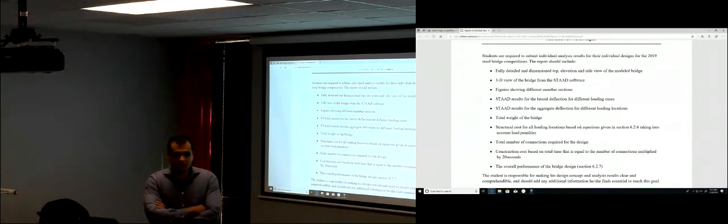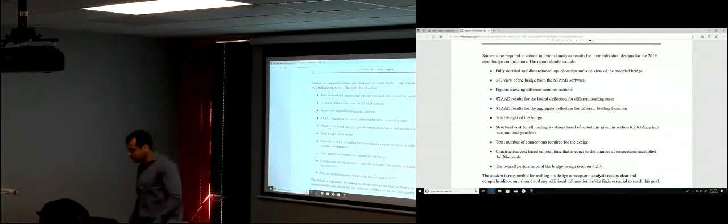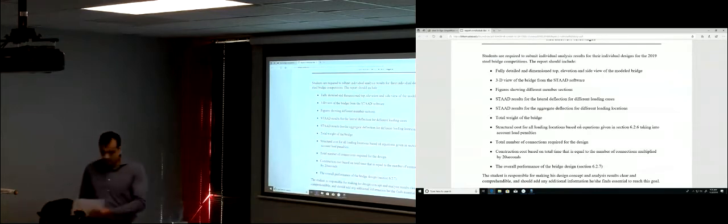If there were no dimensions, I couldn't understand how the members are oriented together, the distances, the lengths of the members. It had to be fully detailed, fully dimensioned. If you didn't have this, you lost points.